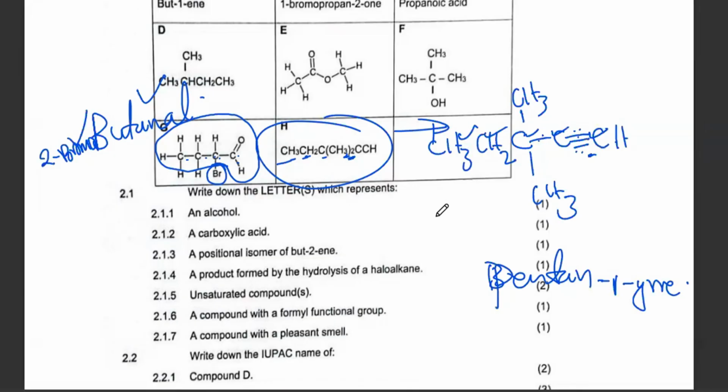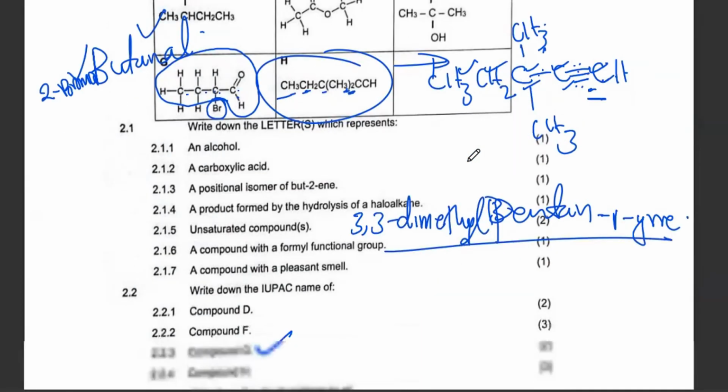Then the second step, I need to count now. Since the functional group is on this side, I'm going to say 1, 2, 3. So they are on carbon atom number 3. Therefore, it's going to be 3,3. Because there are 2 of them, I'll say di. What are they? They are methyls, because they have 1 carbon atom. So it's 3,3-dimethylpent-1-yne. So that is the answer for that.